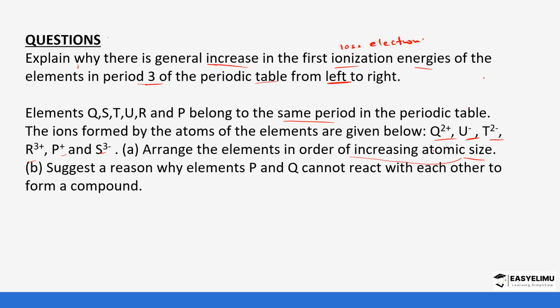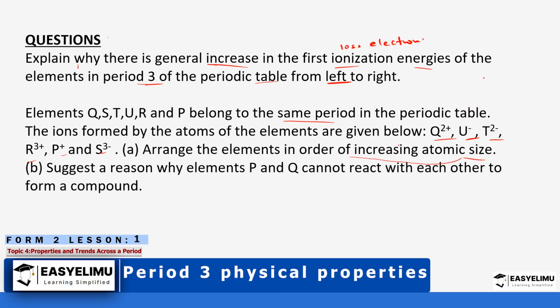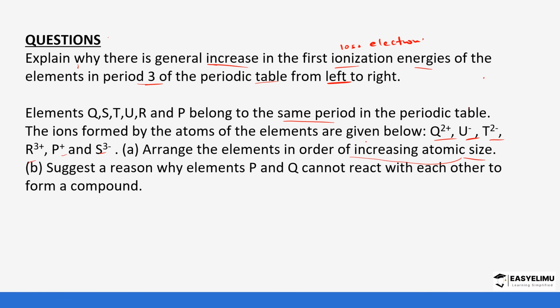So when we talk about atomic size, we said that first of all, it decreases from sodium to argon, but it doesn't mean it's specifically that, but you'll see if it is or not. The ones that are losing electrons, the positive ions or the metals, are the ones that have bigger sizes, and the nonmetals have smaller sizes. And the more electrons that are gained, the bigger the size.